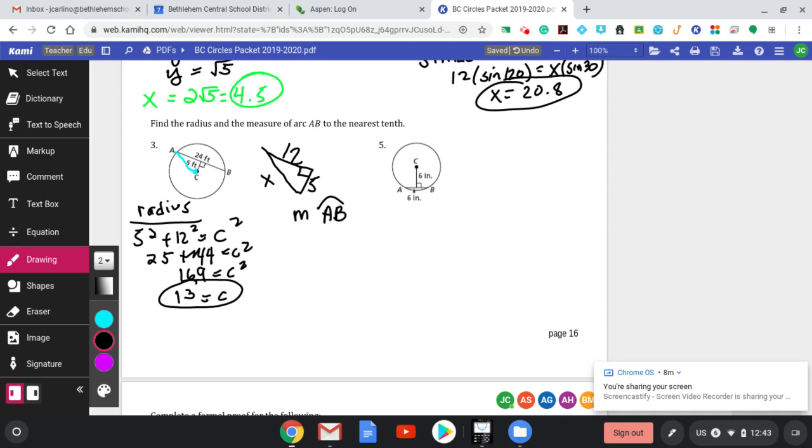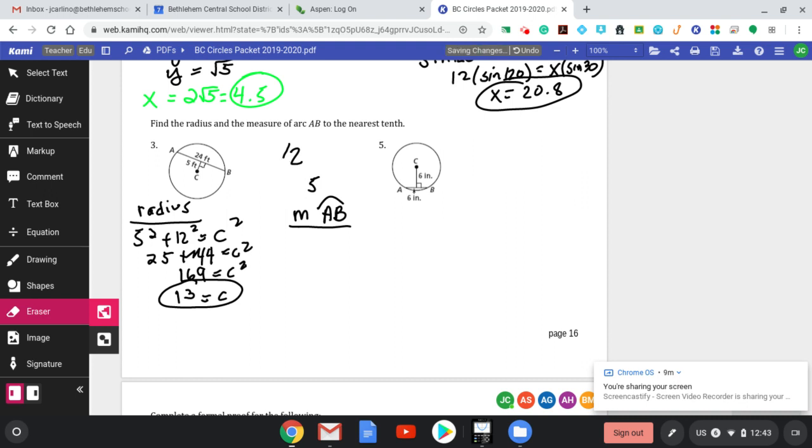And remember, since I'm looking for the measure, it's got to be in degrees. So let me start erasing some of this stuff so I got some room to work here. So let's see here. If I got to find that arc measure in degrees, what did we remember from day 2?